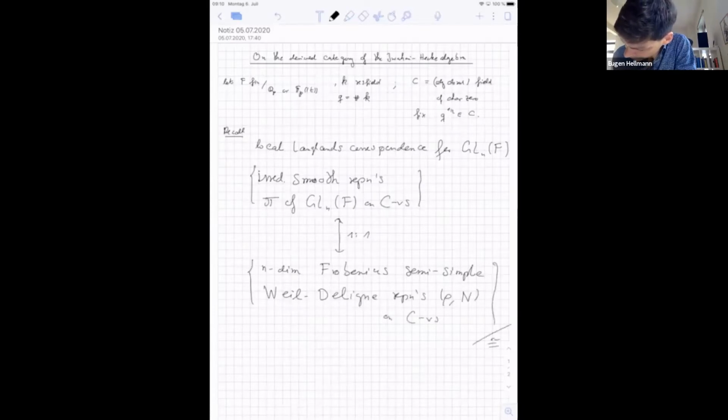And of course, both sides should be taken up to equivalence.